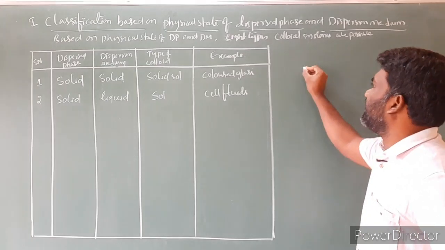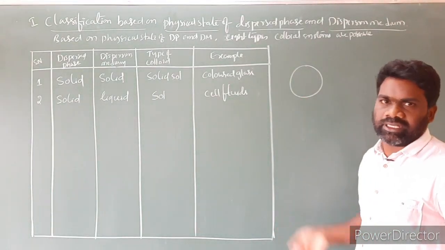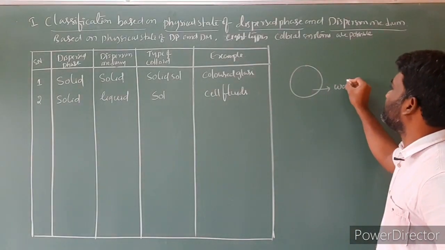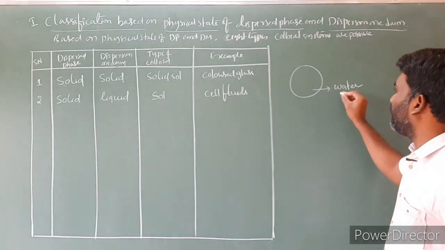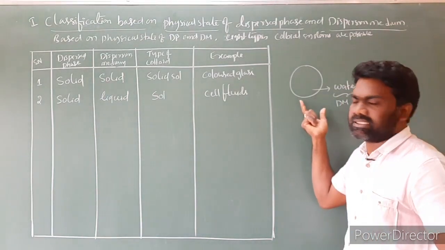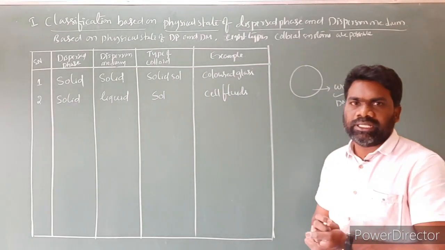For example, I am taking a biological cell. It is a biological cell, maybe a plant cell or animal cell. In this cell, water is present. So water is the dispersion medium.